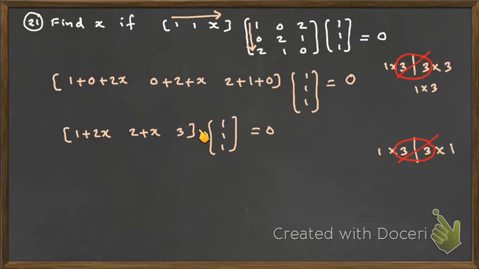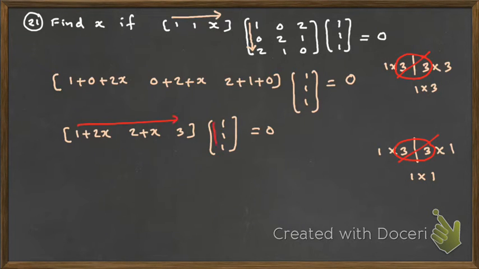So it is a 1 by 3 matrix multiplied by a 3 by 1 matrix. The middle numbers are the same, you cancel them out. So the answer is going to be a 1 by 1 matrix, which means 1 row, 1 column. That means one single element is what I am going to get out of this.